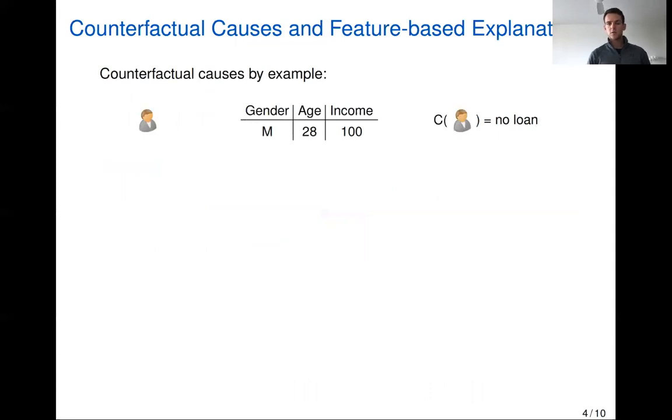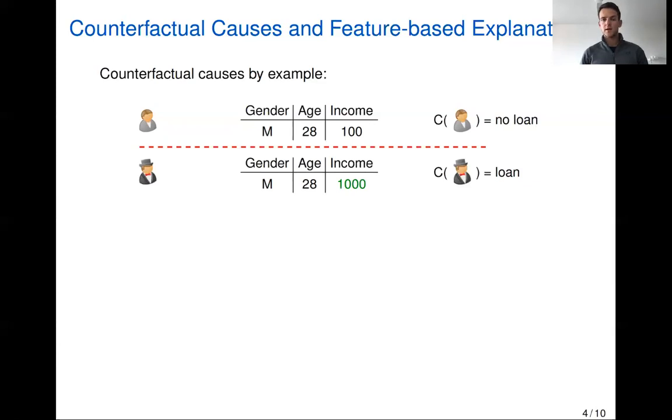I will start with the responsibility score and introduce counterfactual causes by an example. So let's consider Bob again and assume that he is characterized by 3 features: gender, age, and income. And as in the motivating example, the classifier C returns no loan for Bob. But there could be a hypothetical scenario where Bob has a higher income.